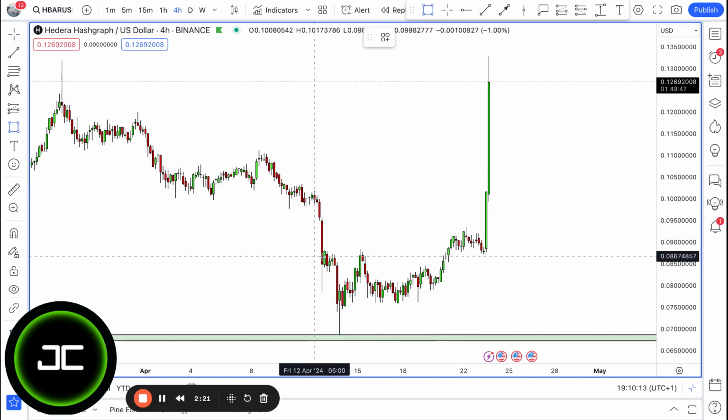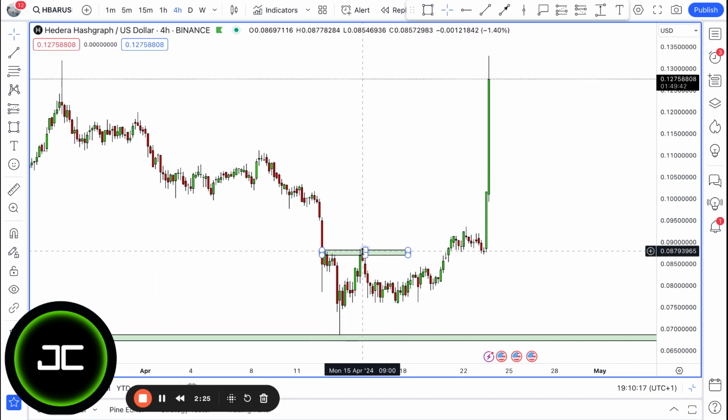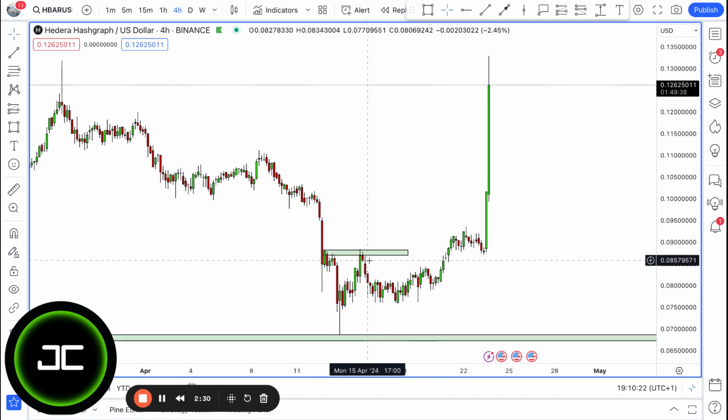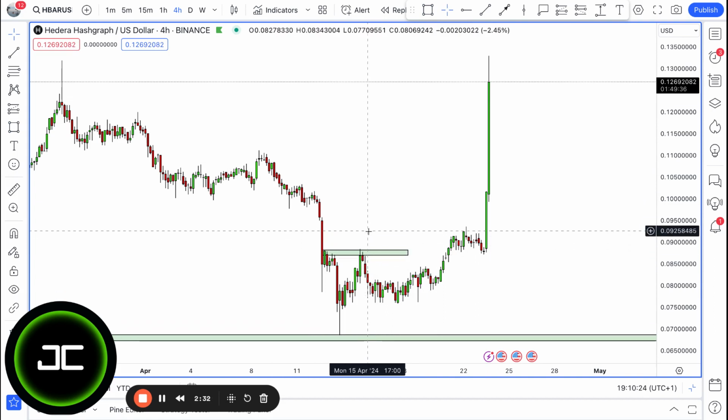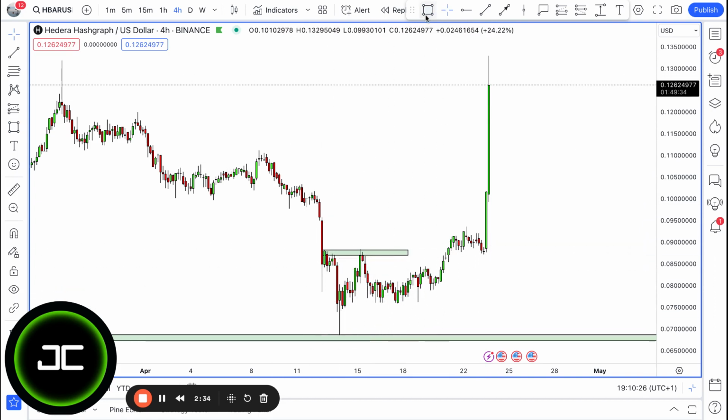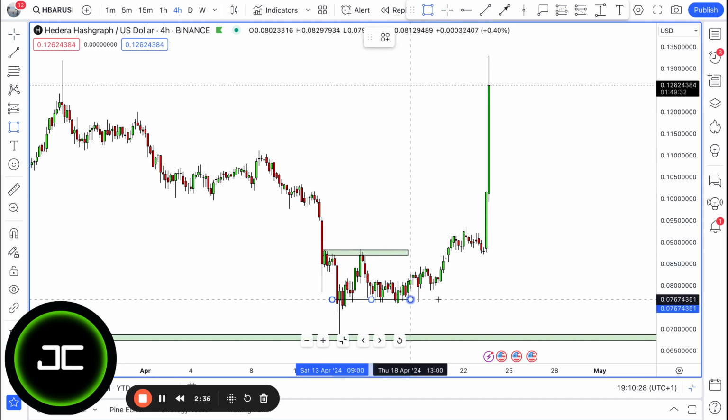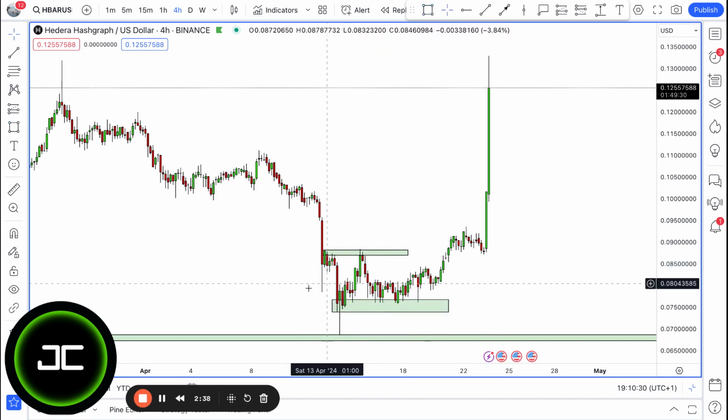And where you can see this lower high here, price tapped into this and we bounced off it and we started pushing down, which suggests we're still in a downtrend because we never broke above it. But then we had a lot of consolidation, and we consolidated around this area here.